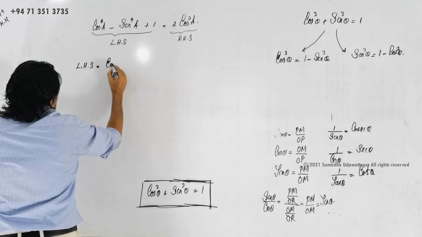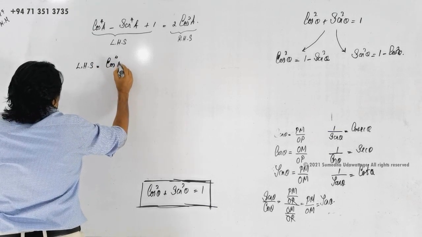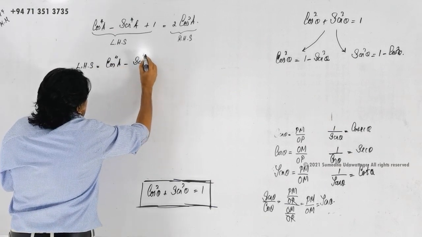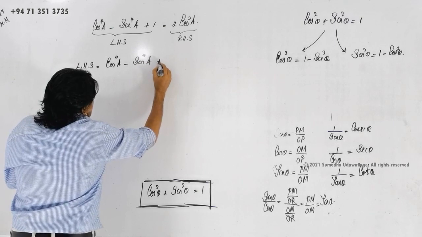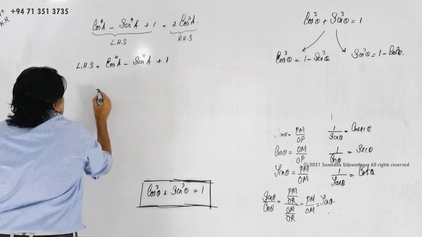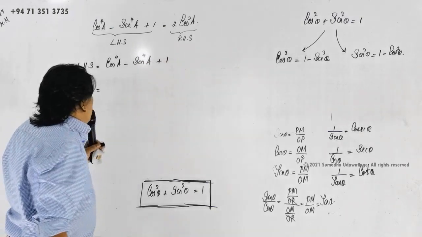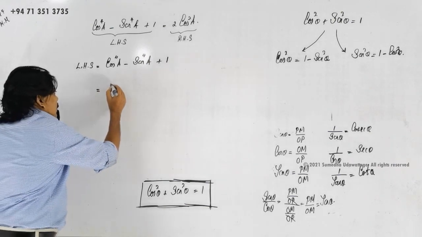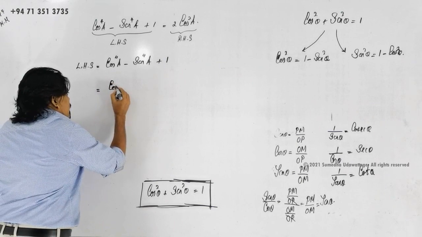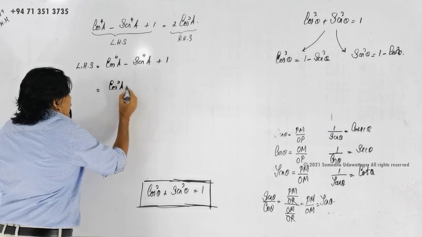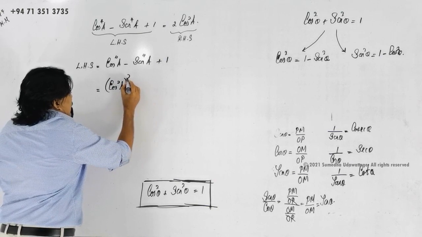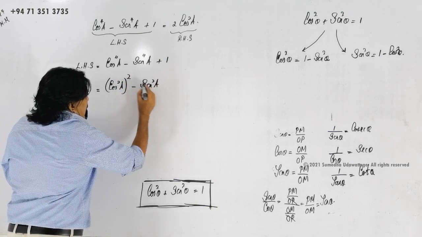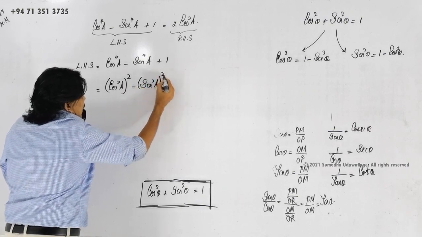It is cos to power 4A minus sin to power 4A plus 1. We would say it is cos square A, squared, minus sin square A, squared.